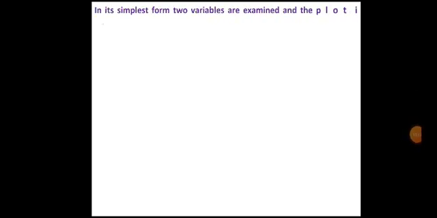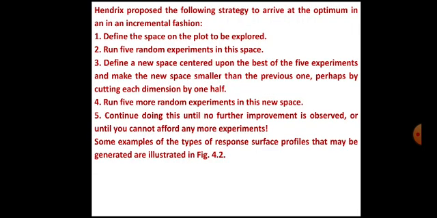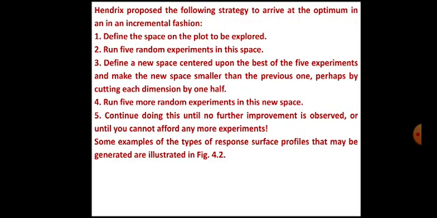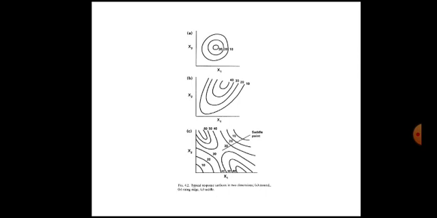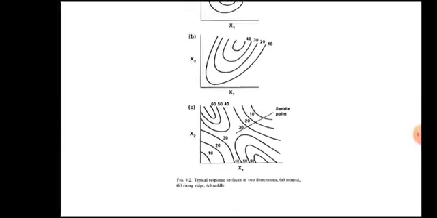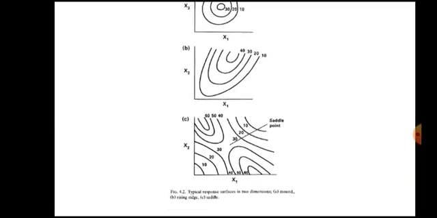So in its simple form, two variables are examined and the plot will be two-dimensional. These are similar patterns to what we have seen in the earlier picture, the three different forms, that is mound, rising ridge and saddle.